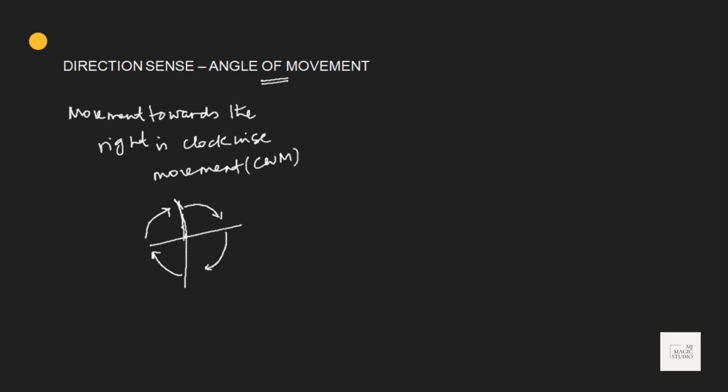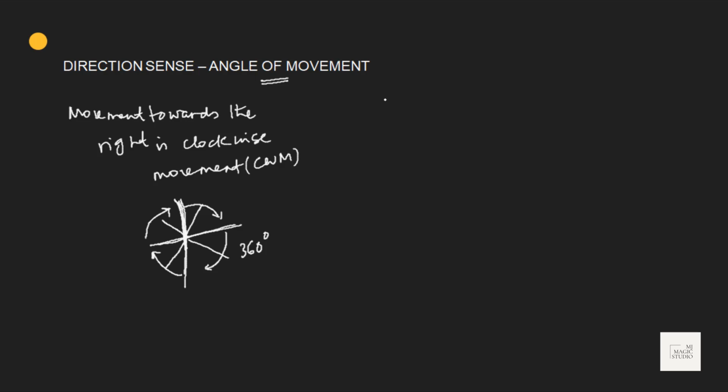If this is the main 0 degree line, then 45, 90, and when we reach back to our original position, we have covered 360 degrees. Total 360 degrees in moving right and coming back to your own position.